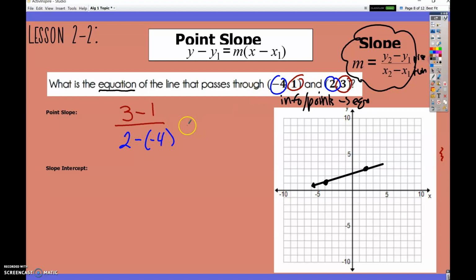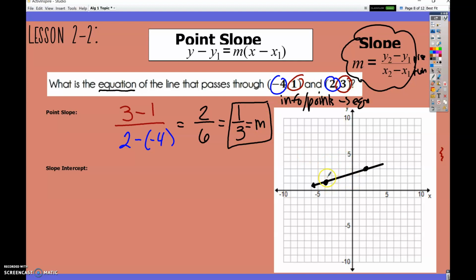Being very careful with your subtraction, I get 2 over 6, which reduces to 1 over 3. This is my slope. And while I wasn't given the slope, I can now count my slope as 1/3 and use either of these points.